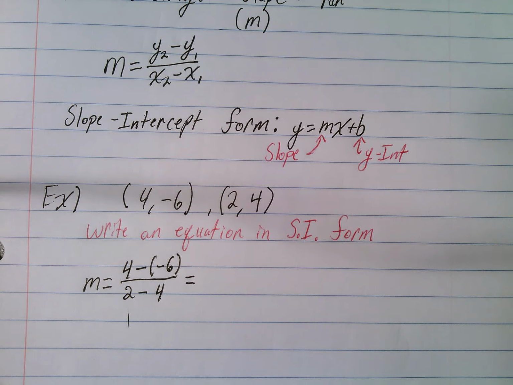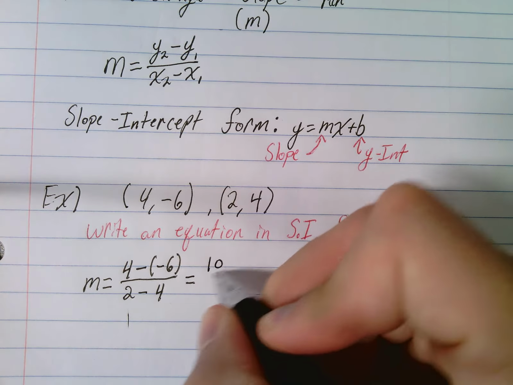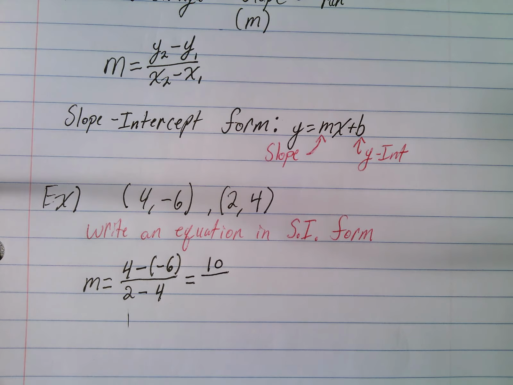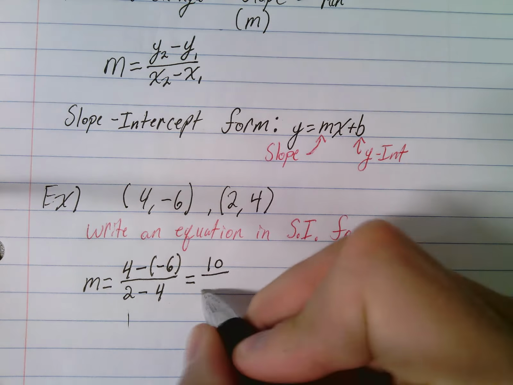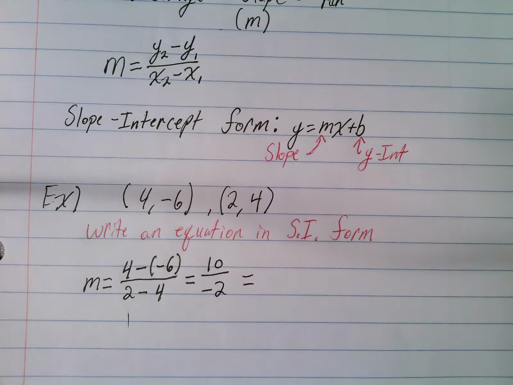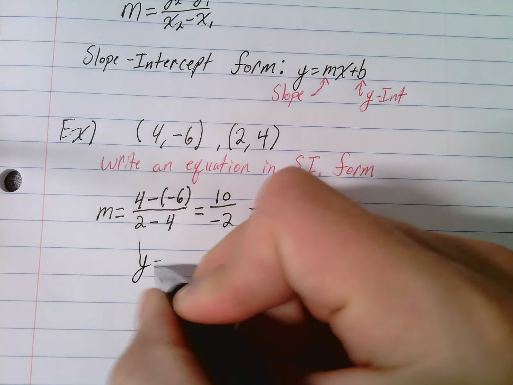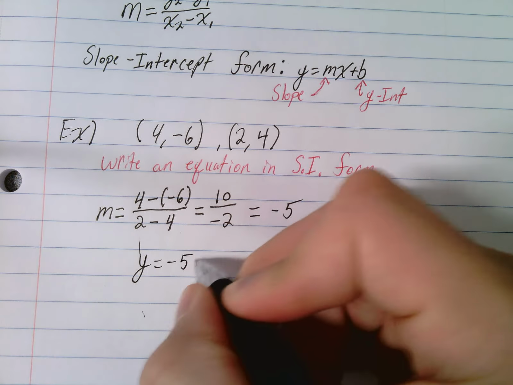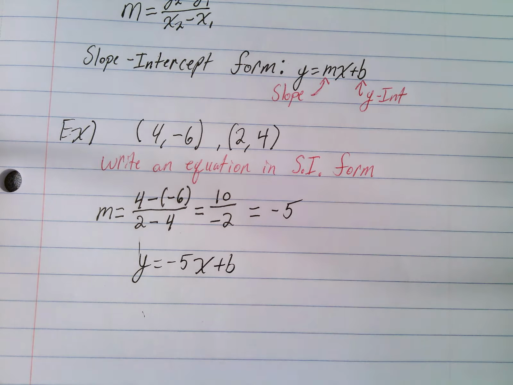Antonio? 10. Positive 10. What's 2 minus 4? What's that, Jay? Close. 4 is bigger than 2, so -2. There you go. And 10 divided by -2 is -5. Thank you. Okay, so let's see where we're at right now. In slope-intercept form, I would have this y is equal to -5x plus b.